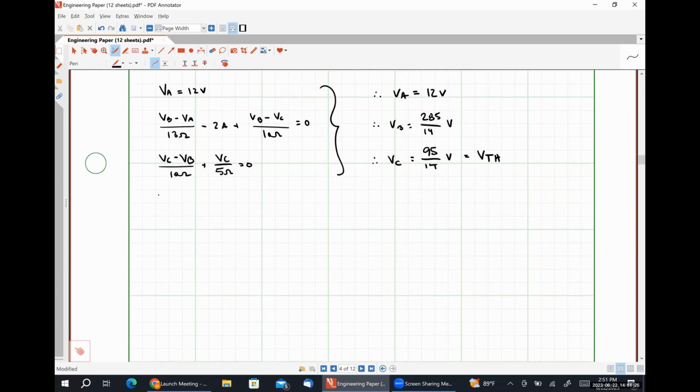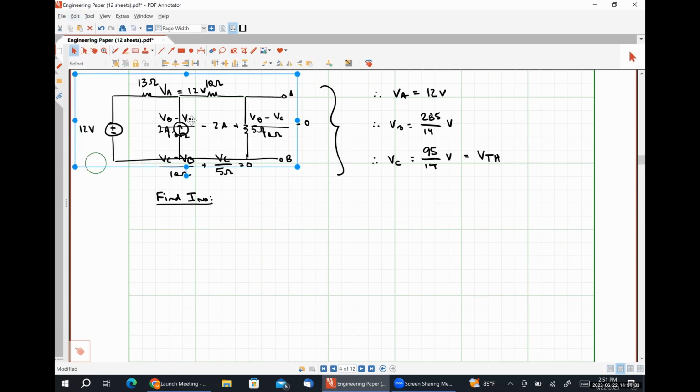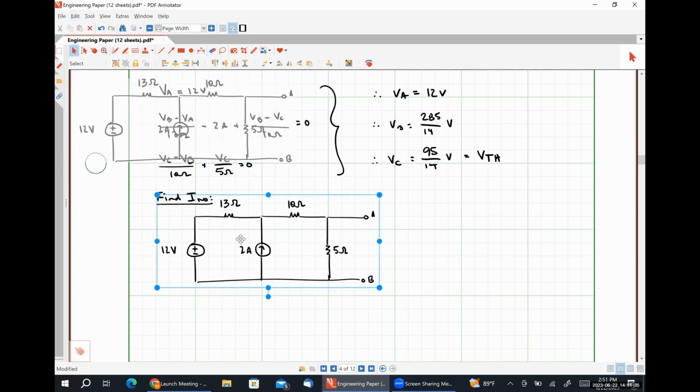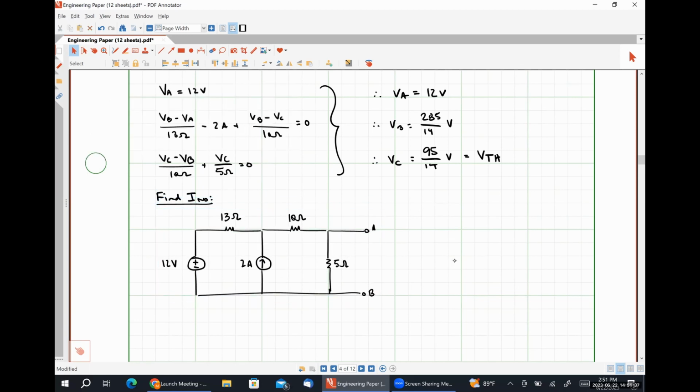To find my Norton current, I take my circuit. Now I am going to short circuit these terminals and find the current down. Okay.